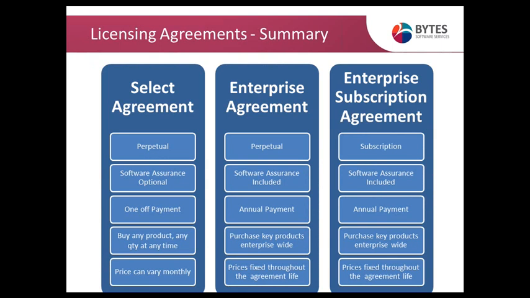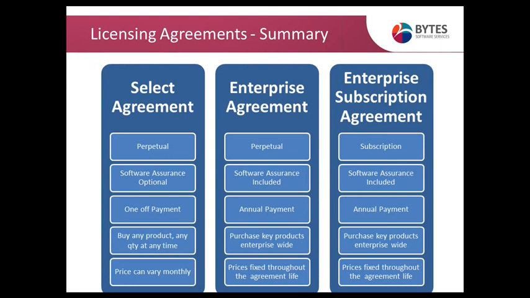So, for the agreements that we've looked at so far, here's a very quick summary. With the Select agreement, the licenses are perpetual, as they are for the Enterprise agreement, but the Enterprise subscription agreement is a subscription, so they're rented licenses. For the Select agreement, software assurance is optional, but for the Enterprise agreements, it's automatically included. Select agreement payments are single one-off payments for the licenses you have, but the Enterprise agreements have annual payments.